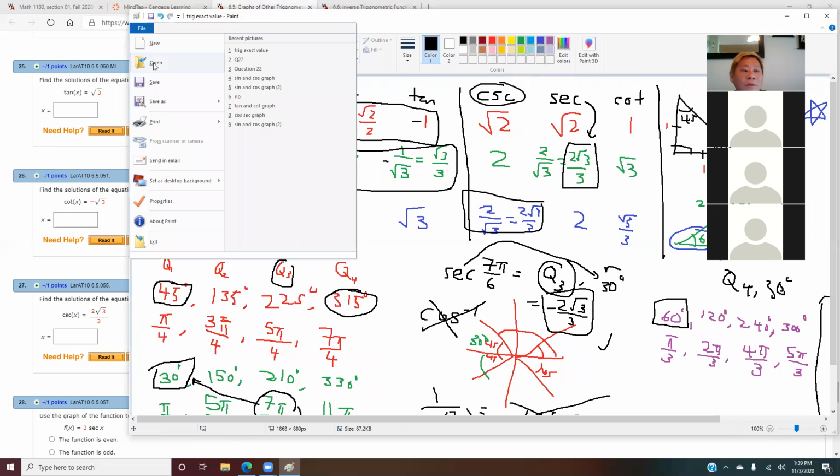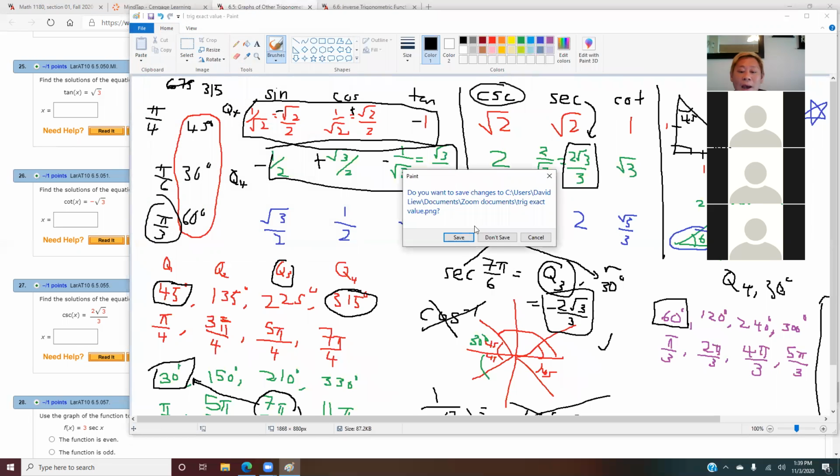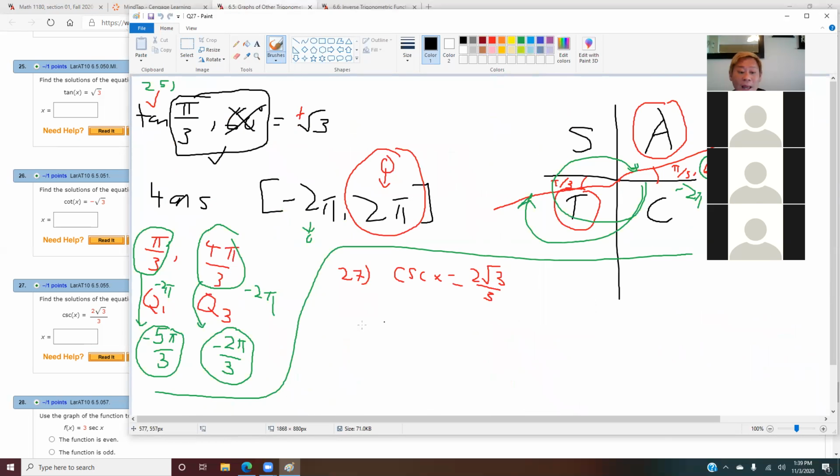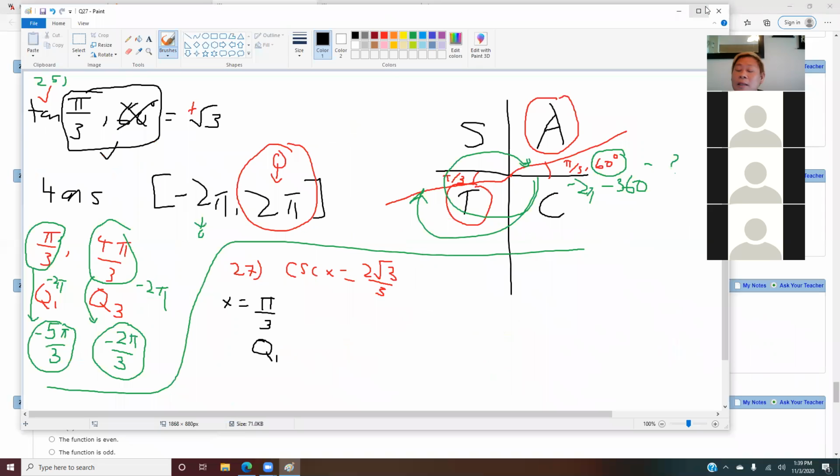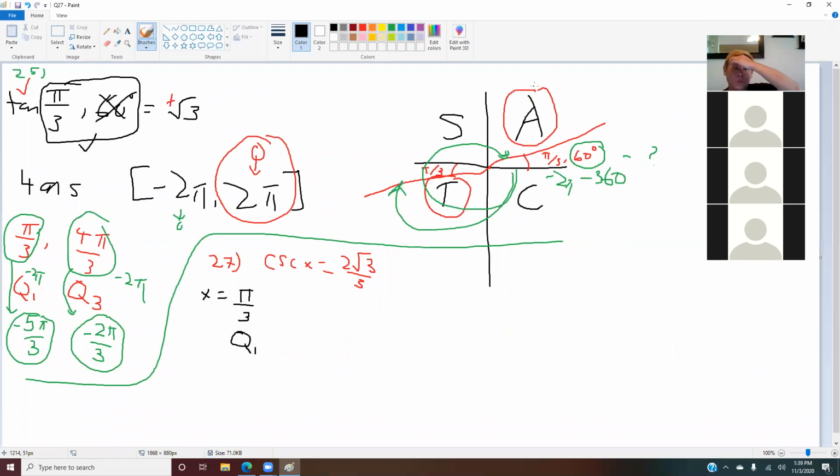All right, so we know that x in this case is still going to be pi over 3, which is in quadrant 1. Can someone tell me where cosecant is positive, in quadrant 1 and also which other quadrant? All Students Take Calculus.